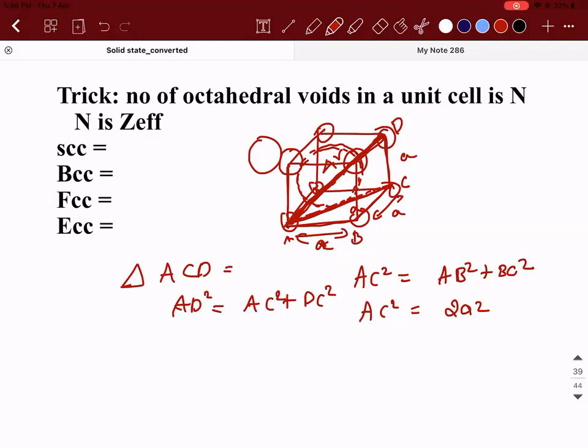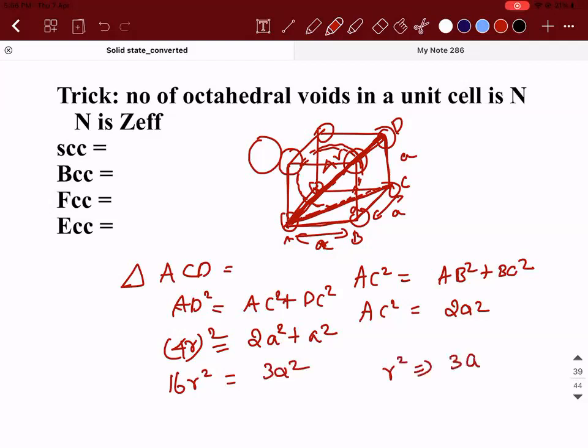We have already calculated AC square. So 2A square plus BC square, which is A square, and AD square is 4R whole square. Clear? So 16R square is equal to 3A square. So R square is equal to 3A square by 16, which means R is equal to root 3 A by 4.